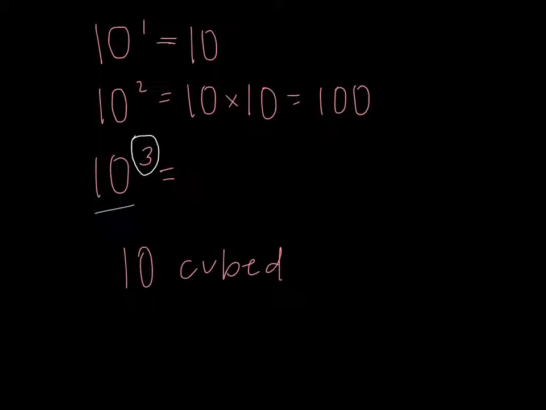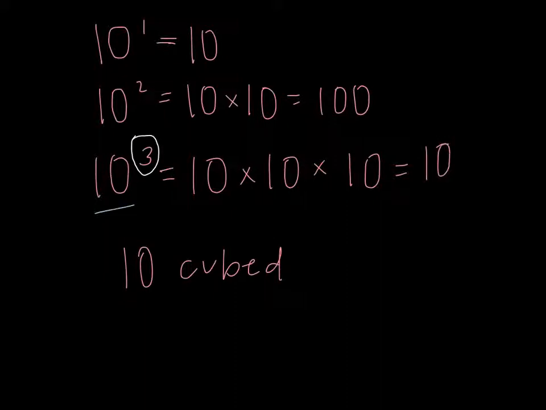So the number I'm writing is 10, and I need to write it 3 times. And then the multiplication sign goes in between the tens. I know that 10 times 10 is 100, and 100 times 10 is equal to 1,000. And if you'll notice, there are 3 zeros, and my exponent is 3.